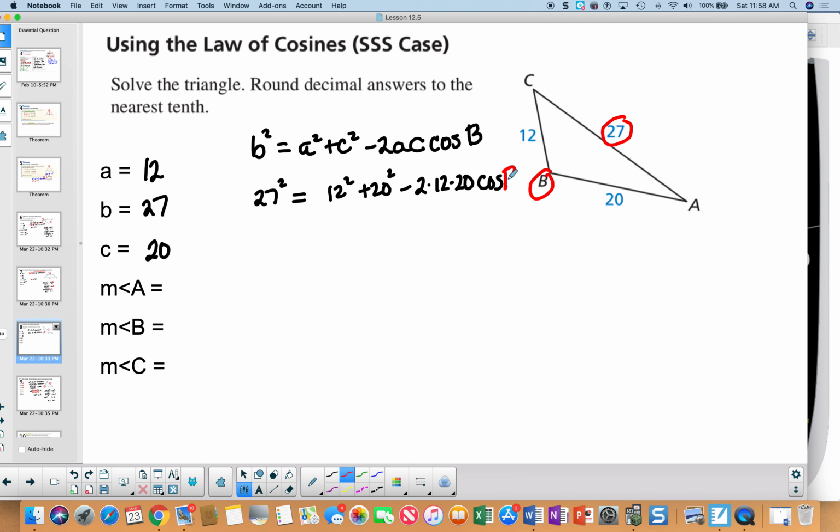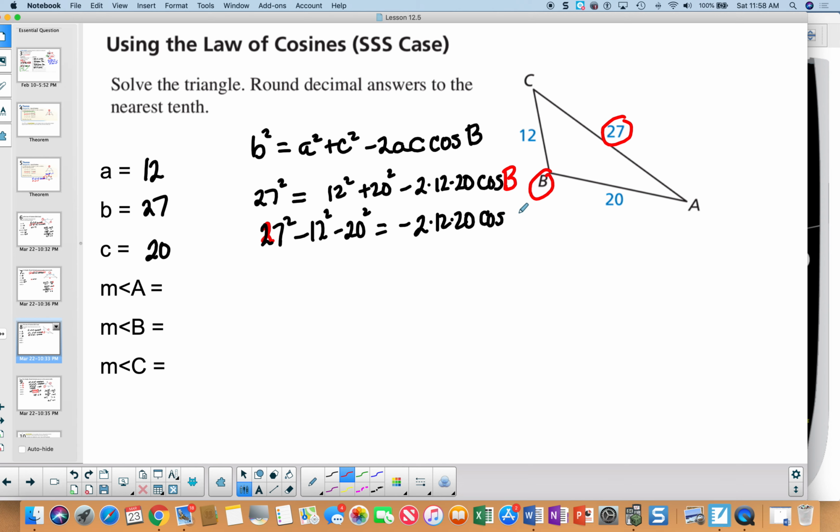We're looking for b. Before I can get this by itself, I've got to get rid of this addition that's happening. So I'm going to do 27 squared. I'm going to subtract 12 squared minus 20 squared. So I've subtracted all the addition here, and now I have this product right here.